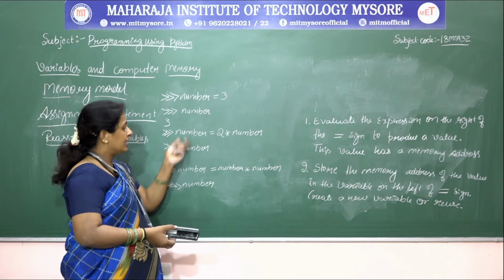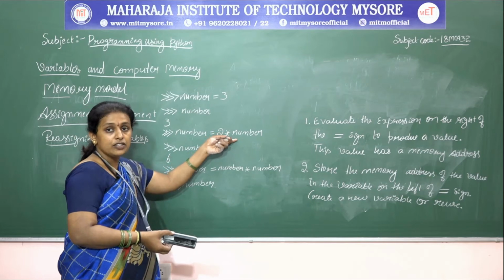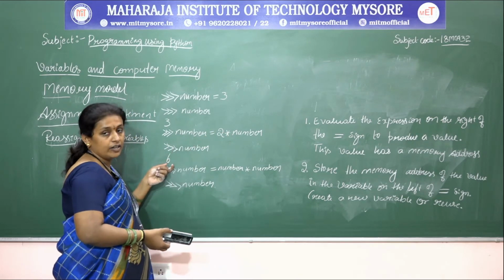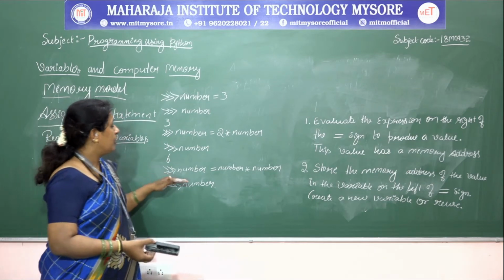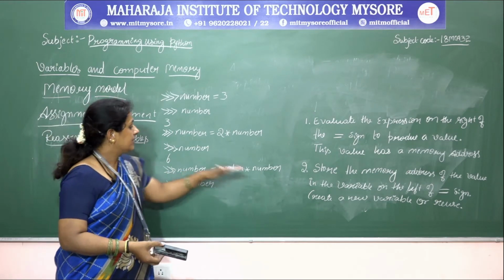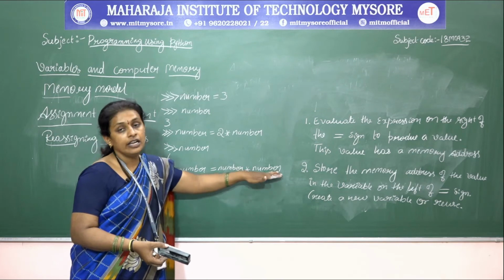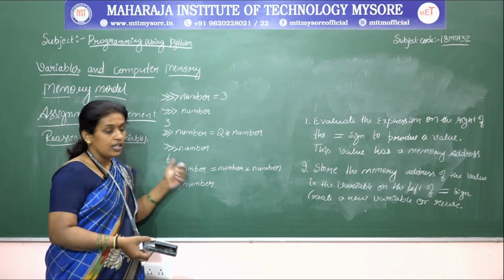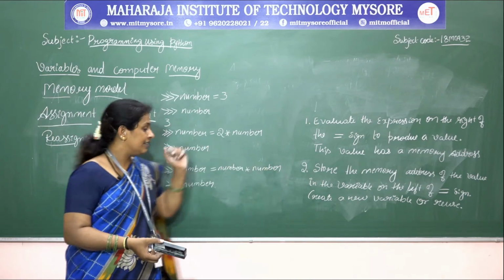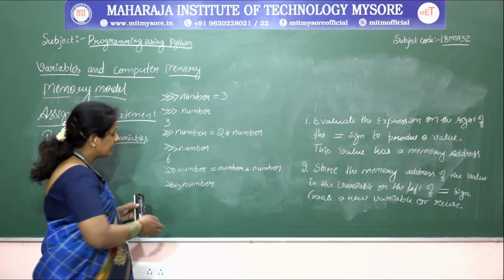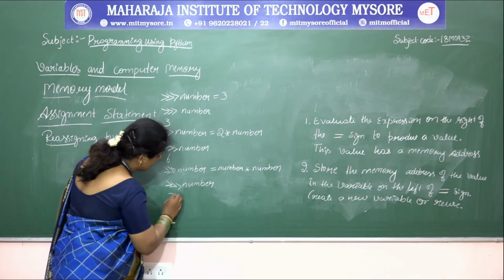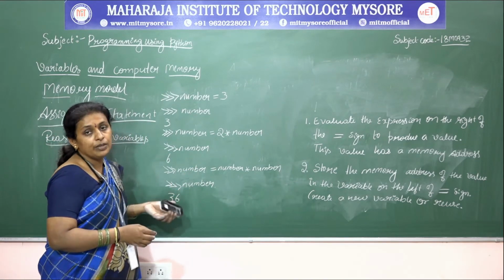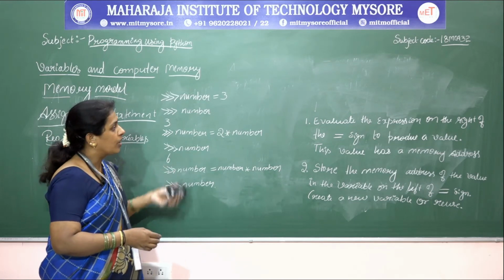When this statement is executed, I will get the answer 6 and that will be printed. Next I am going to execute the statement number * number. Currently the number value is 6. So 6 is multiplied by 6, I will get the answer 36 and that will be stored in the variable called number itself. Let us consider how the memory model will be represented for this code.